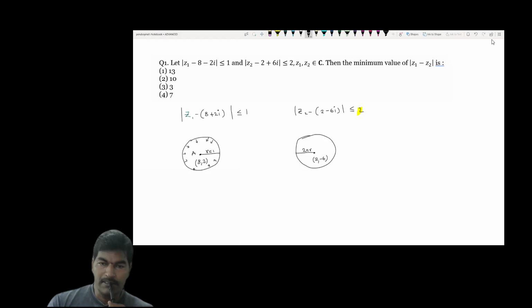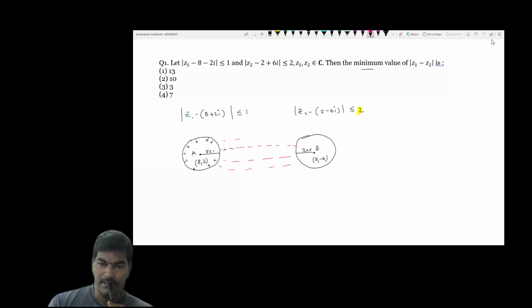Okay, let us suppose this is A and this is B. So he is asking for the minimum of modulus Z1 minus Z2. So the minimum of |Z1 - Z2| represents this area between the boundaries.